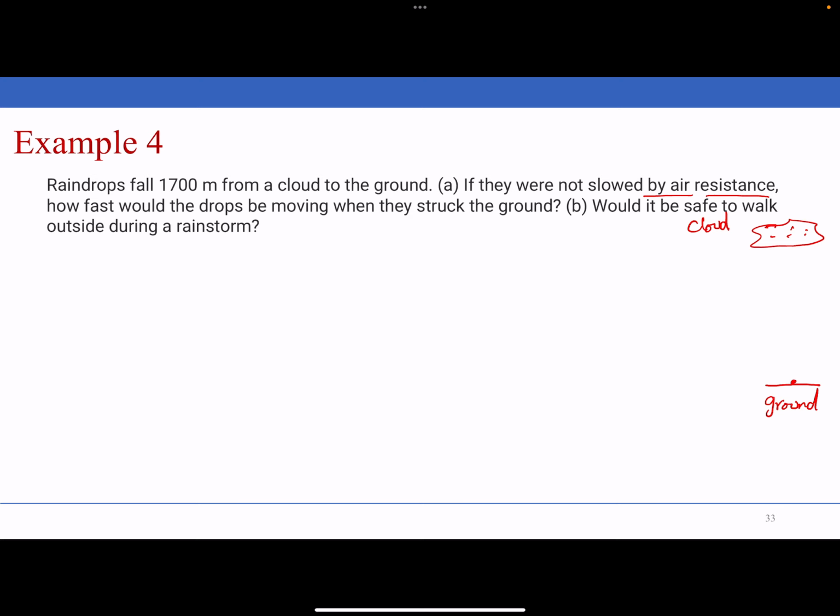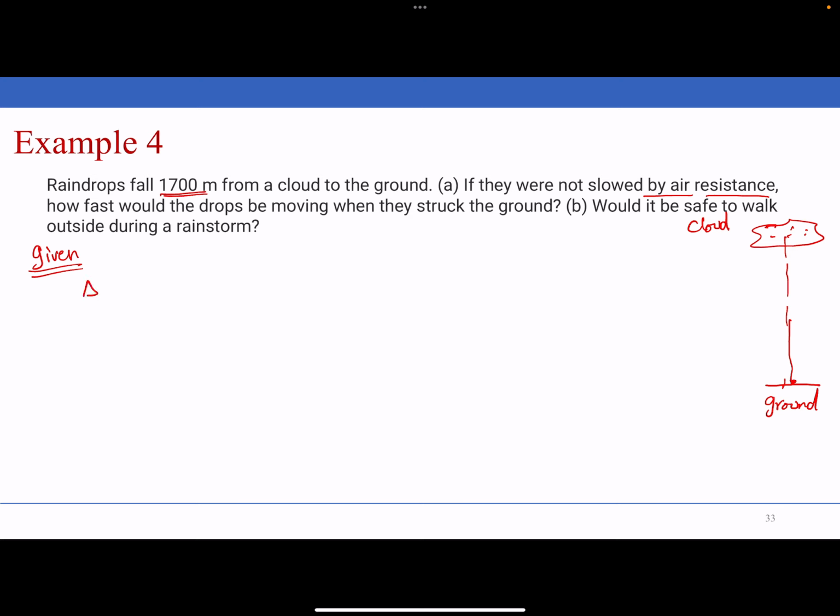Let me make a list of everything that is given to us. So given information, we are given the distance that is traveled by the raindrops. But because raindrops are starting at a higher position and going to lower, remember in the previous exercise, we said delta y is negative.